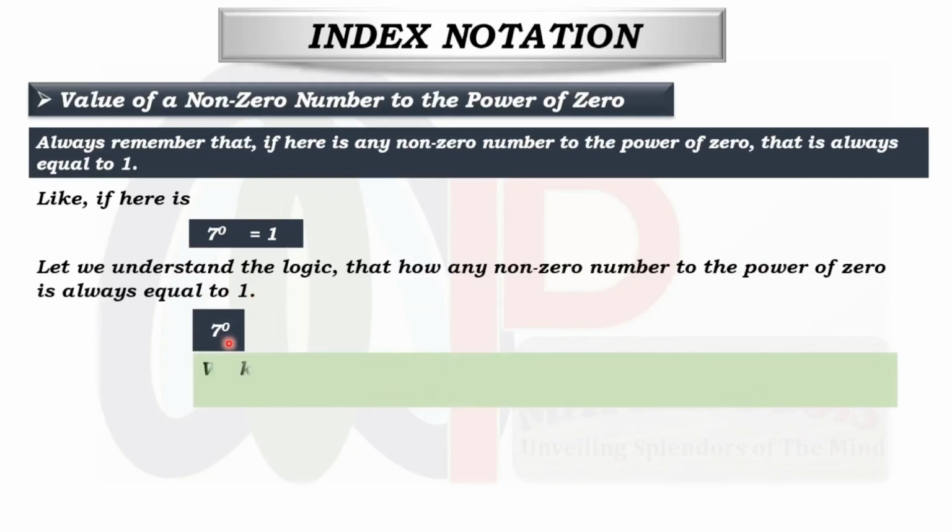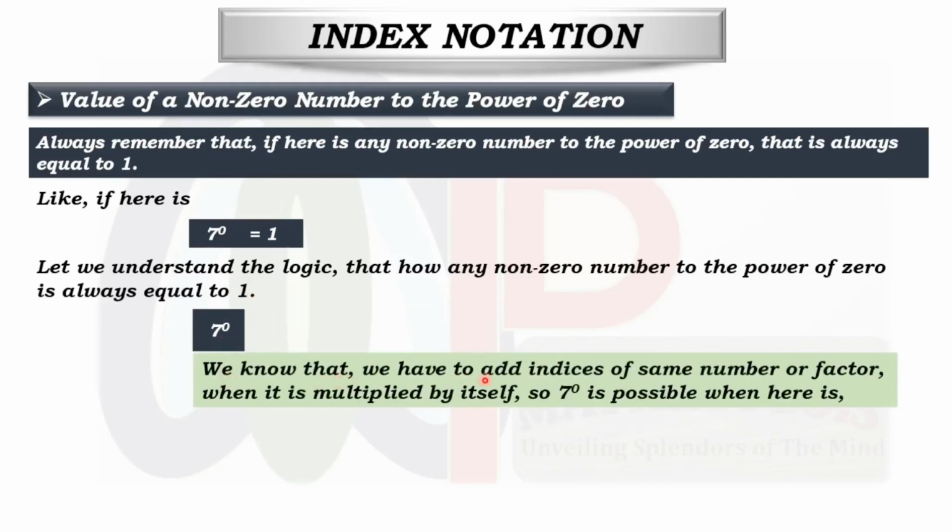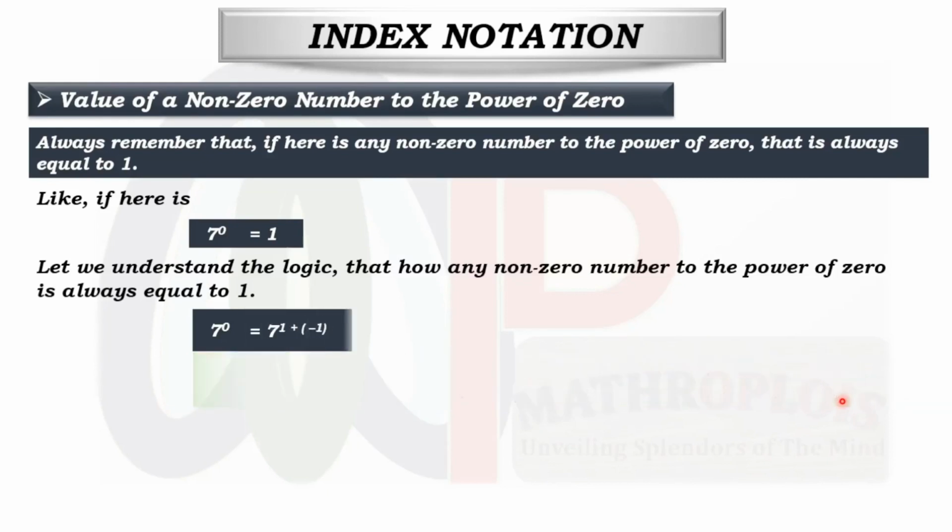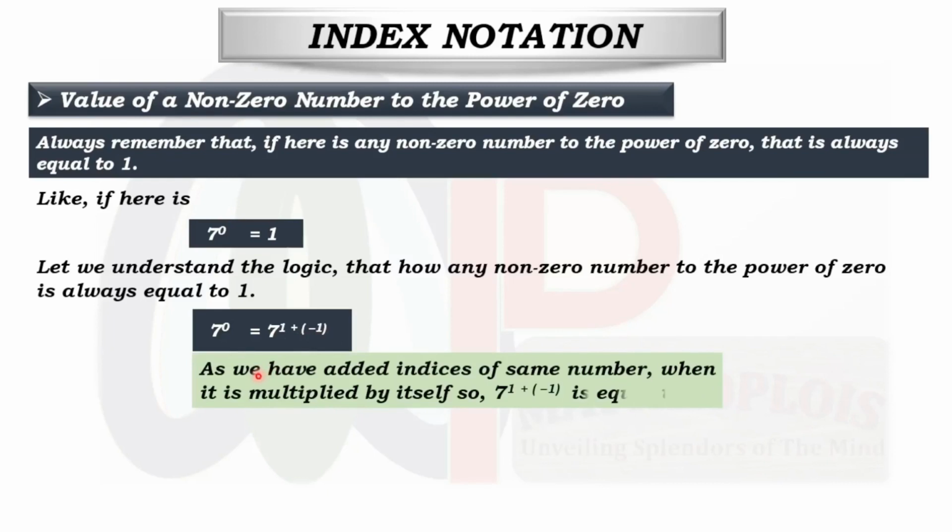We know that we have to add indices of the same number or factor when it is multiplied by itself, so 7 to the power of 0 is only possible when here is 7 to the power of 1 plus -1, as 1 plus -1 is equal to 0.